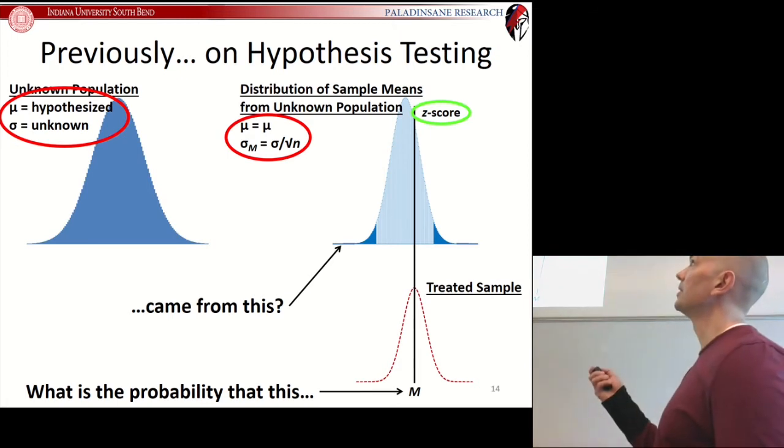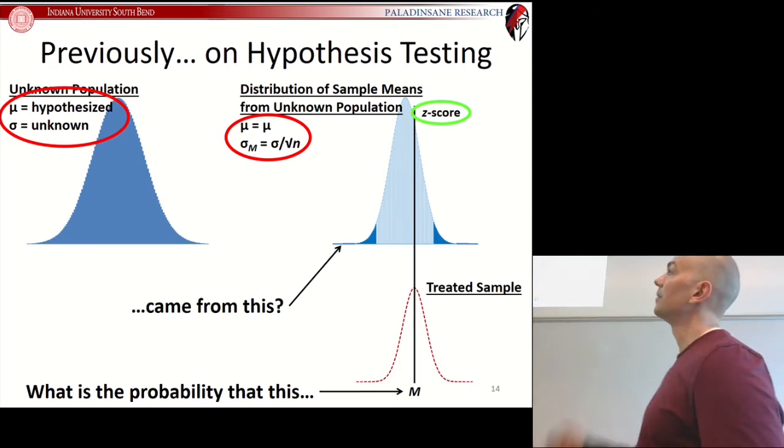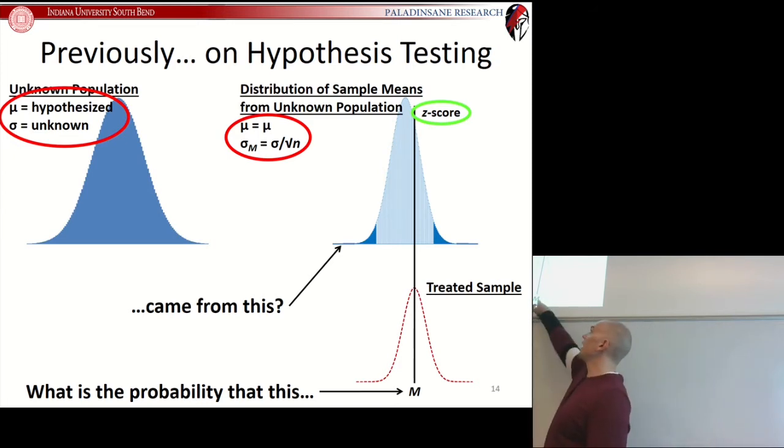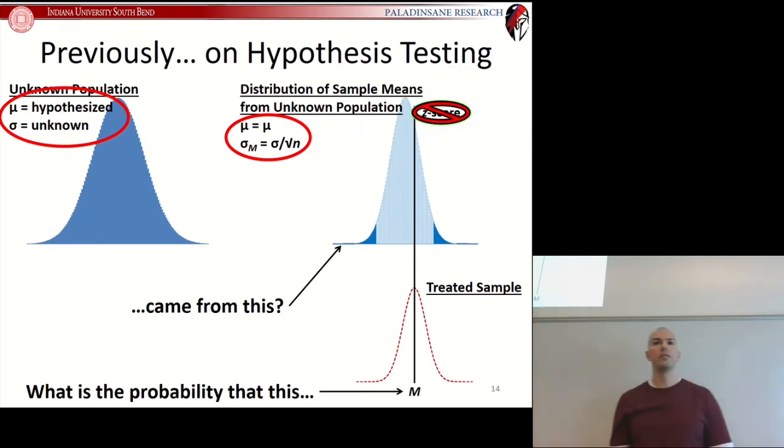We don't have that standard deviation. And if we don't have the standard deviation, we cannot figure out our distribution of sample means. And if we can't figure out our distribution of sample means, then we can't find out where our sample is. We can't calculate a z-score for our sample. And if we can't calculate a z-score for our sample, we can't do a hypothesis test.